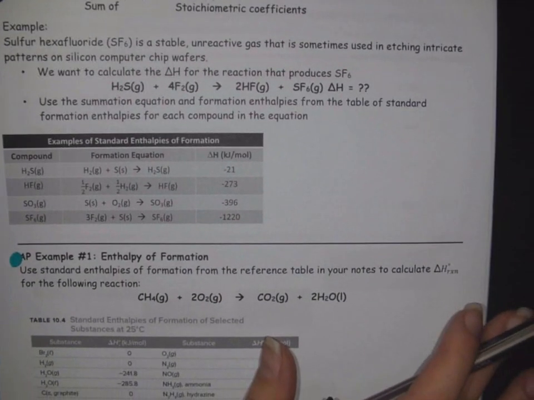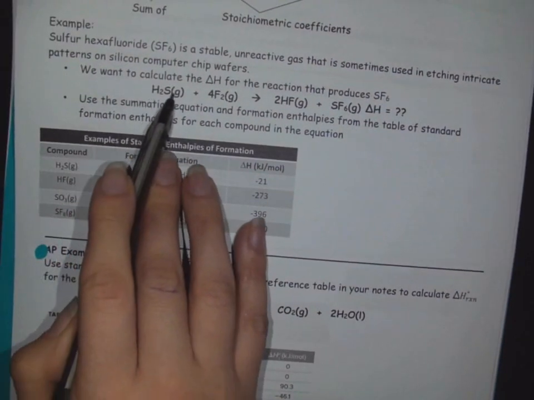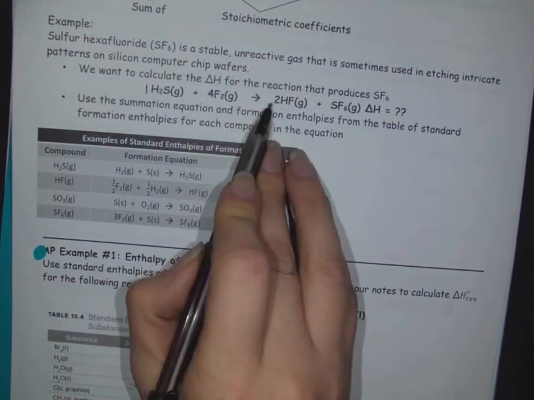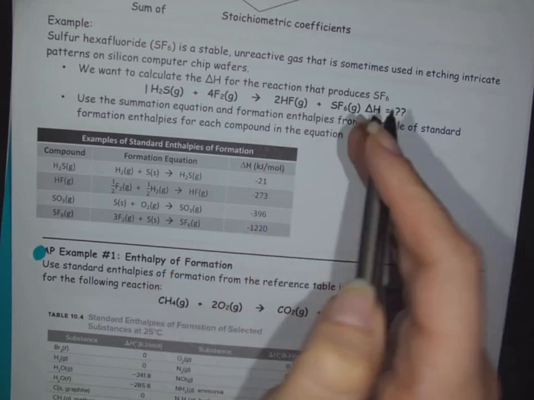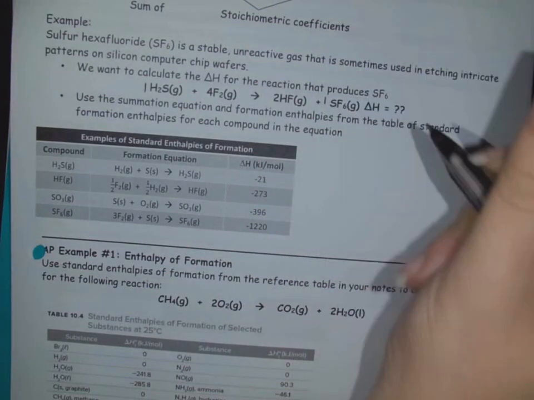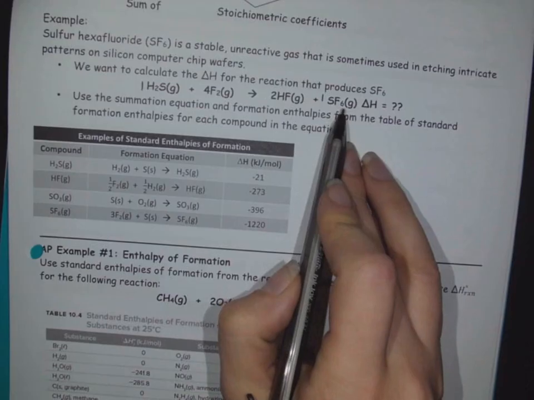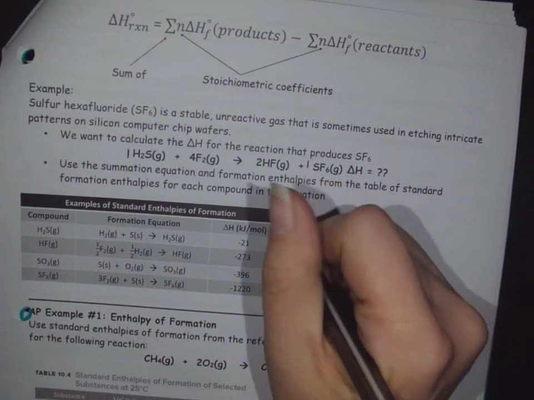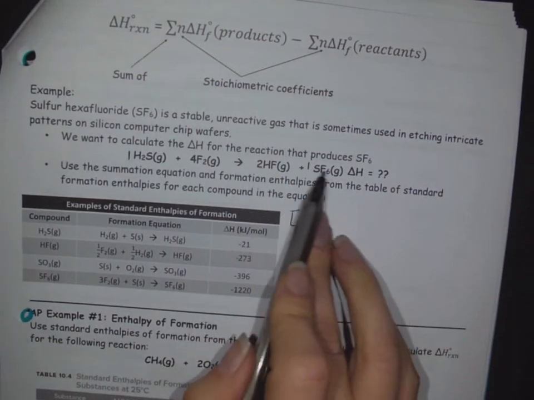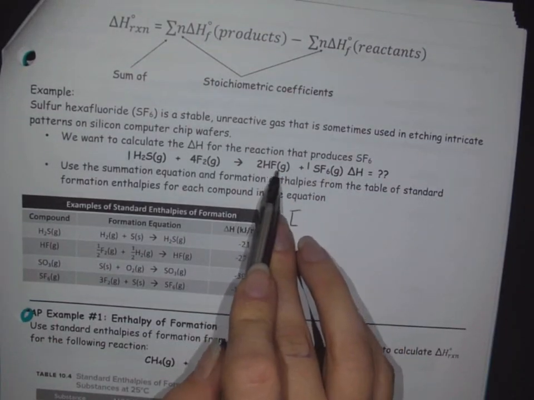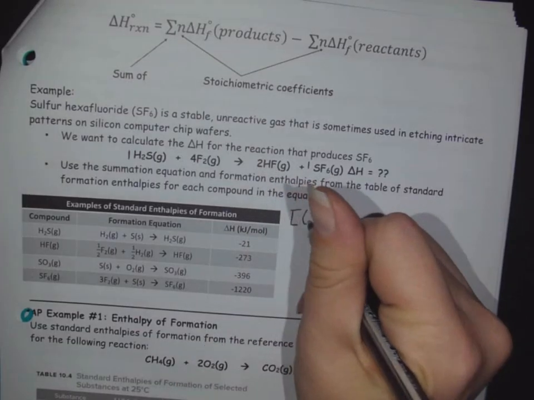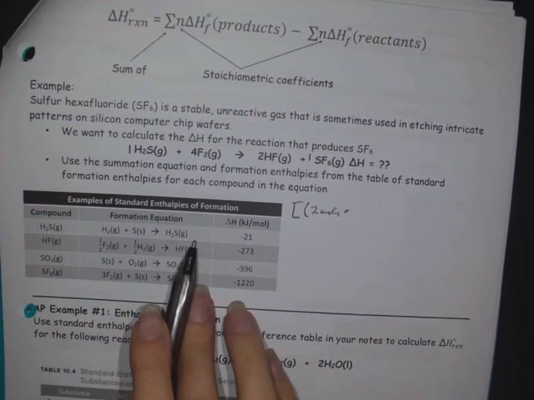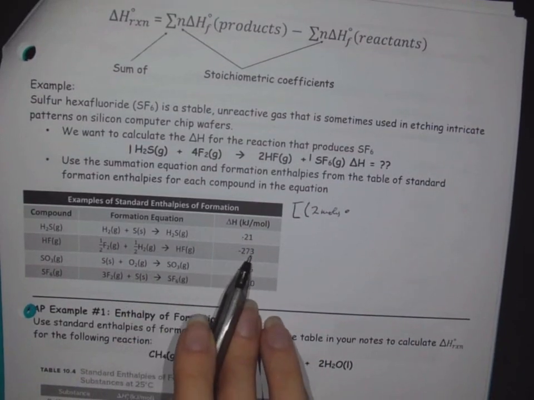So here's my reaction. There's 1 mole of H2S, there's 4 moles of F2, 2 of HF, and 1 mole of this SF6. So let's look at our products first. If I want to do my delta H, I'm going to look at my products. And I have 2 moles of HF. So I'm going to take 2 moles, and I'm going to times it by the delta H of formation for the HF.